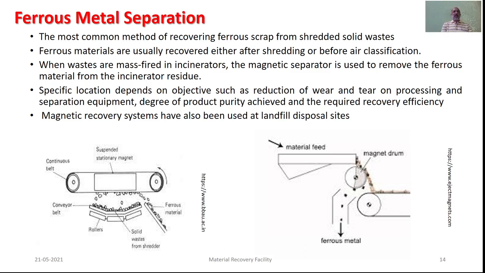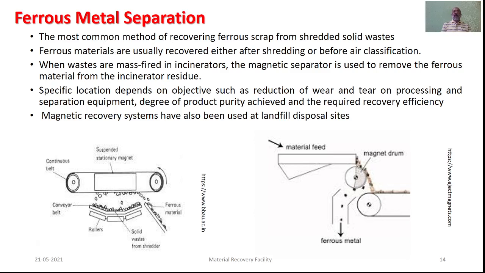As one of the processes, we can deal with ferrous metal separation. Here, we make use of certain magnetic principles, which is a very common method for recovering the ferrous scrap after shredding the solid waste.